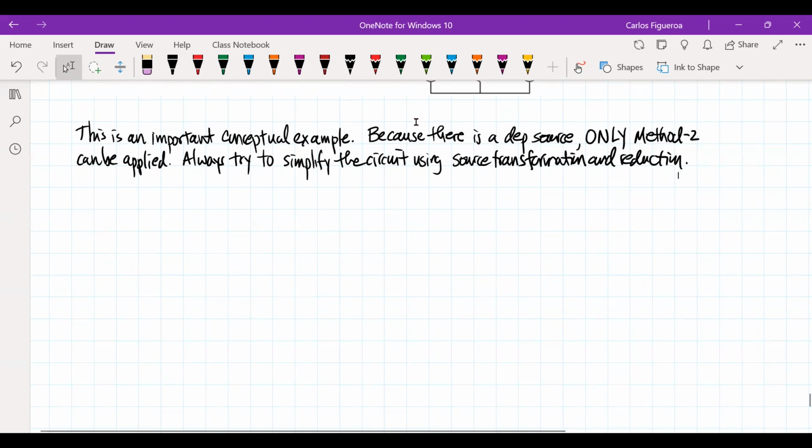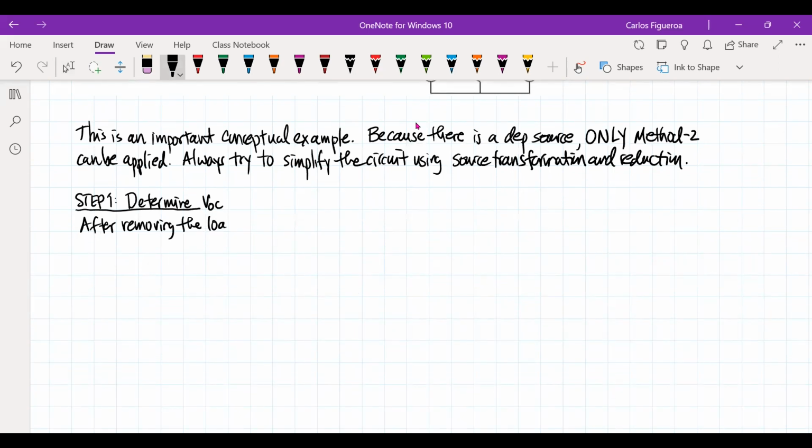So now what we want to do is go through our process. We want to determine VOC. After we remove the load, here's our circuit.